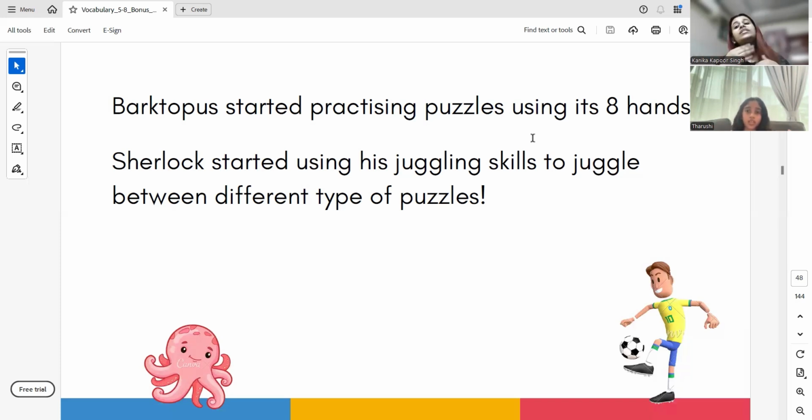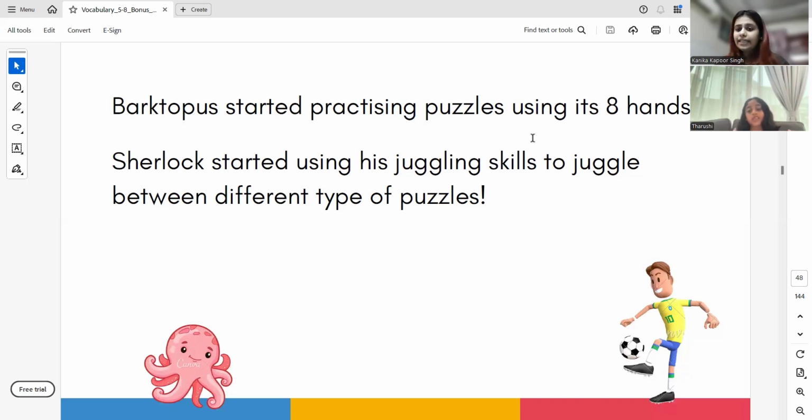So you try another way. So you are juggling your skills, means you are trying with different methods, how I can solve this answer. Got it? So Barktopus was practicing with 8 hands. And what was Sherlock doing? Sherlock started using his juggling skills to juggle between different types of puzzles.